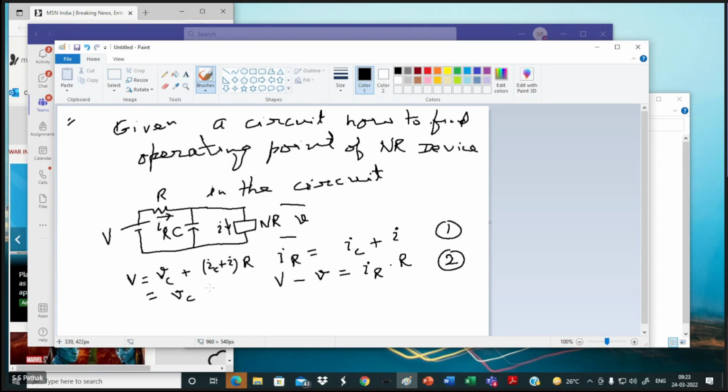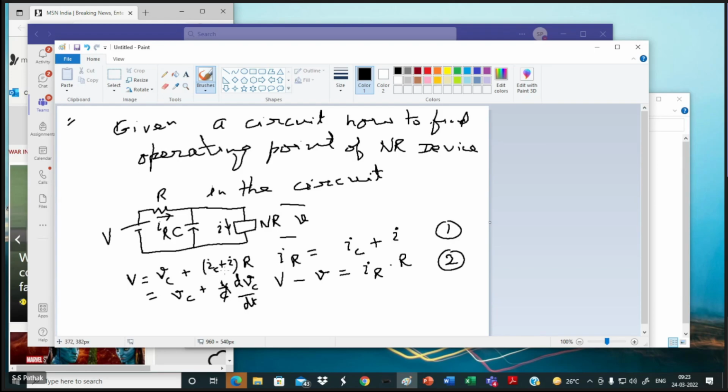What is my IC? One by C, or you can say dV by dt. 1 by C will come here, isn't it?